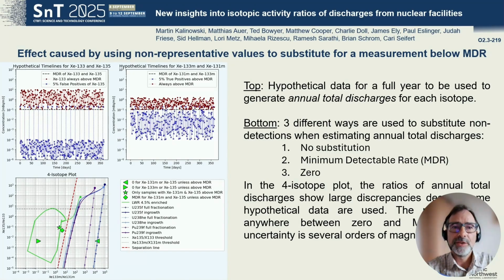And in the 4-isotope plot shown on the bottom, the ratio of annual total discharges show large discrepancies. Despite they use all the same hypothetical data as an input, the real value is anywhere between 0 and MDR, but it's substituted in different ways. And this causes a huge uncertainty by several orders of magnitude.